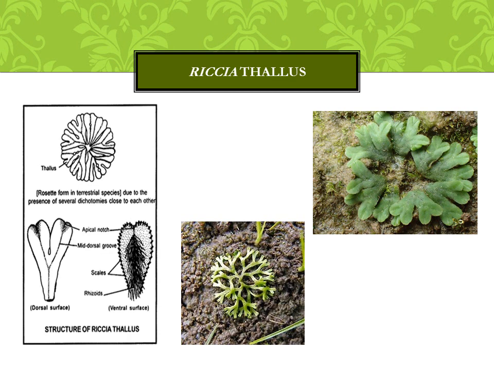You can see here the rosette shape, and the dorsal surface is dichotomously branched. In the ventral surface you can see the apical notch and mid-dorsal groove, and these are the scales, and these are the rhizoids which help in the fixation of the plant to the substratum. So the rosette form in terrestrial species is due to the presence of several dichotomies close to each other.